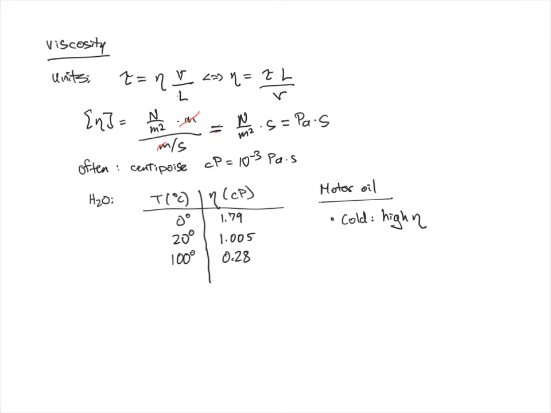If the viscosity is high, that creates a higher shear stress, meaning that your engine has to work harder to move the engine parts relative to one another, for example, to move the pistons relative to the cylinders. So this makes it hard to start your engine.